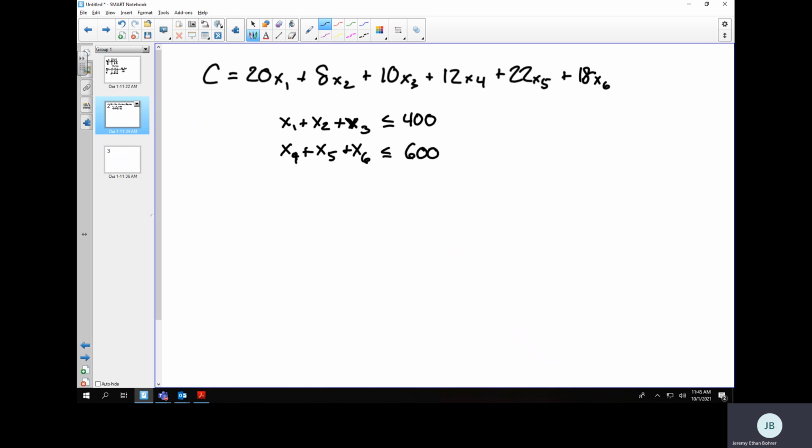The minimum requirements of each of the three warehouses lead to these inequalities. x1 plus x4 has to be greater than or equal to 200. x2 plus x5 is greater than or equal to 300. And x3 plus x6 is greater than or equal to 400.